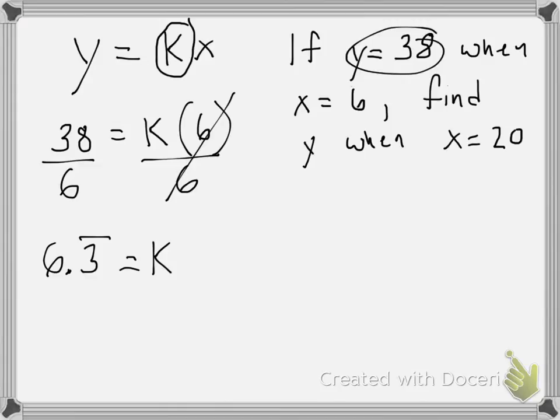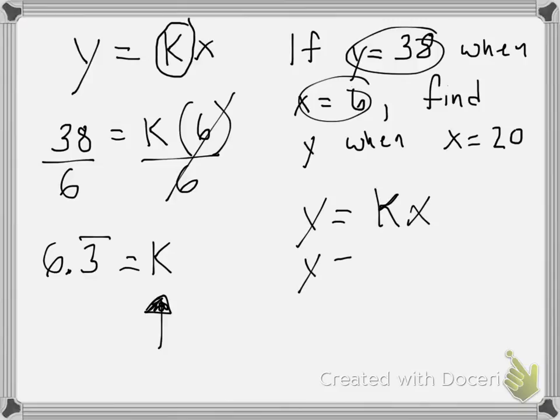So now this is important because now I know the value of k. So this next part, I'm done with that. This next part says find y when x is equal to 20. So I don't know what y is. Here's my equation again, y equals kx. I don't know what y is, but I do know what x is.